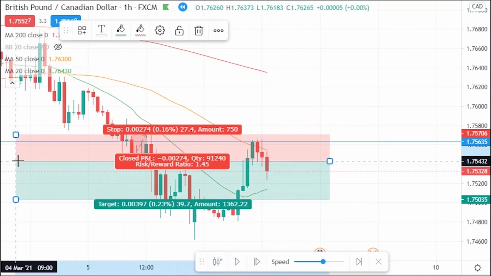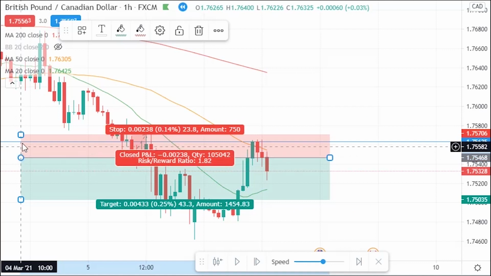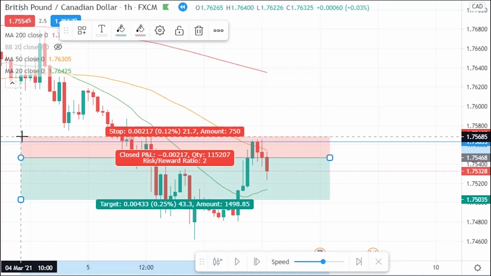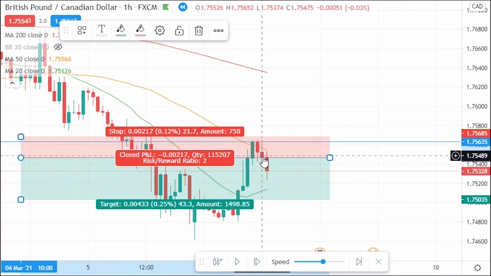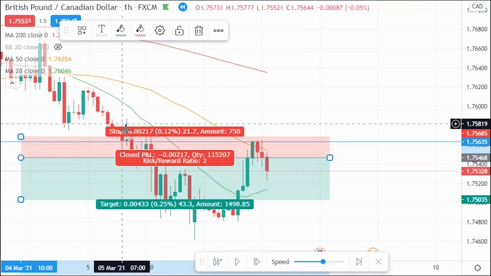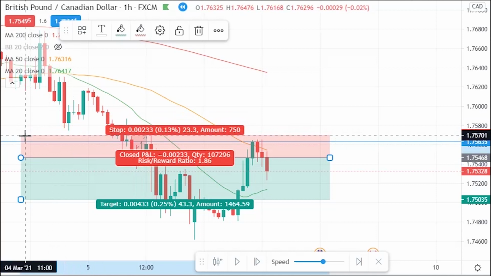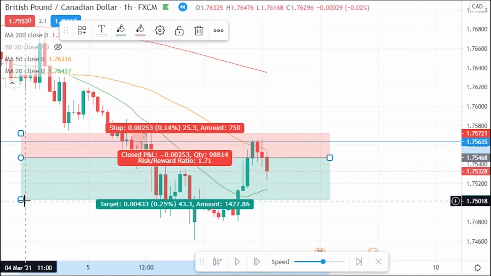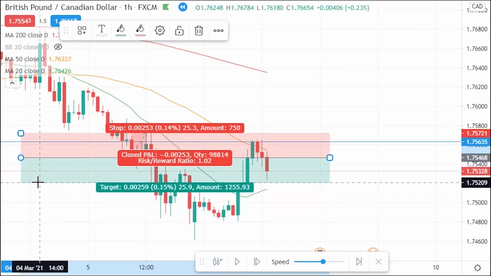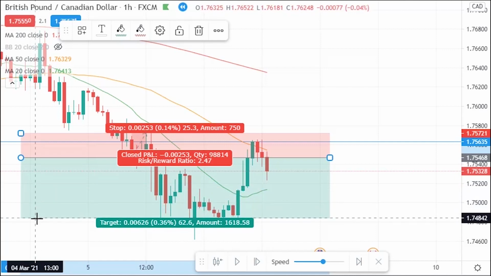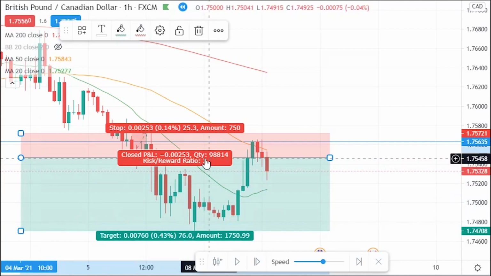I'm going to ignore most of the numbers over here. So we'd enter there. We'd set the stop up above the candles. And we're aiming for 1-to-1 on our TP1. So our TP1 would be about there, 1.752. And we're aiming for a 3-to-1 risk to reward ratio in the overall trade.